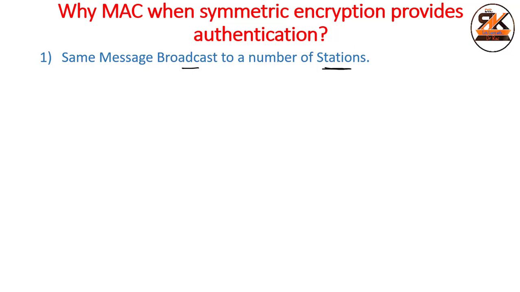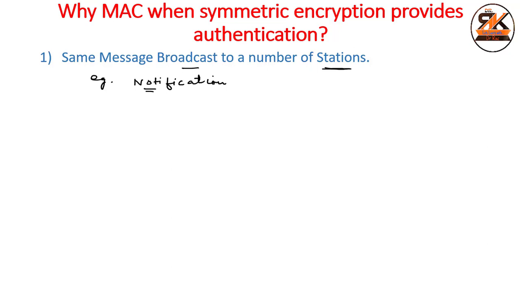For example, a notification. In a university system, we send a notification to a number of stations or users, and the notification may tell about the unavailability of the network.